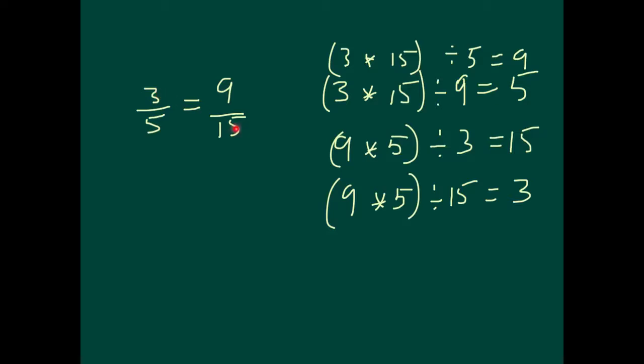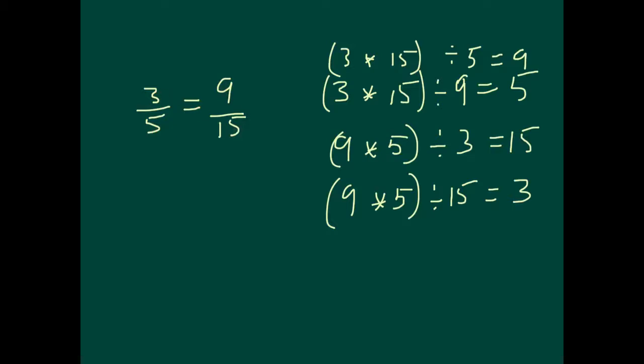So this product, 3 times 15 divided by 5 equals 9, or 3 times 15 divided by 9 equals 5, or 5 times 9 divided by 3 is 15, 5 times 9 divided by 15 is 3, and so forth.